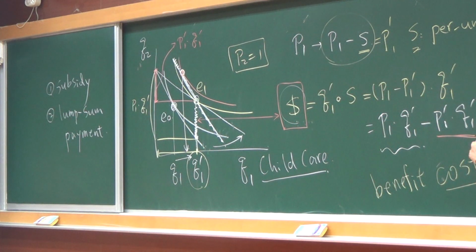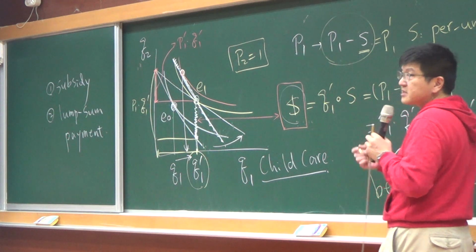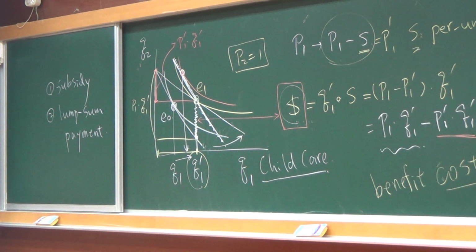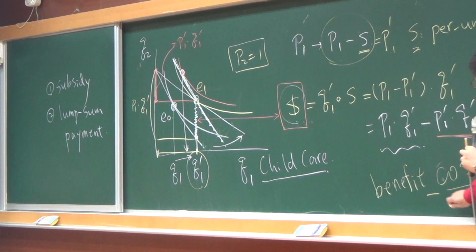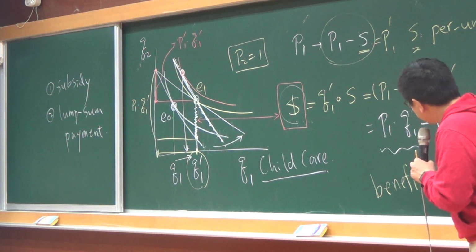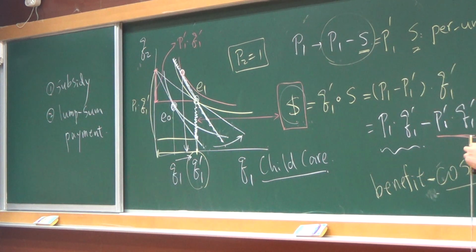We measure the cost, measure the benefits, and see which policy provides a higher net benefit, which means the benefit minus cost.